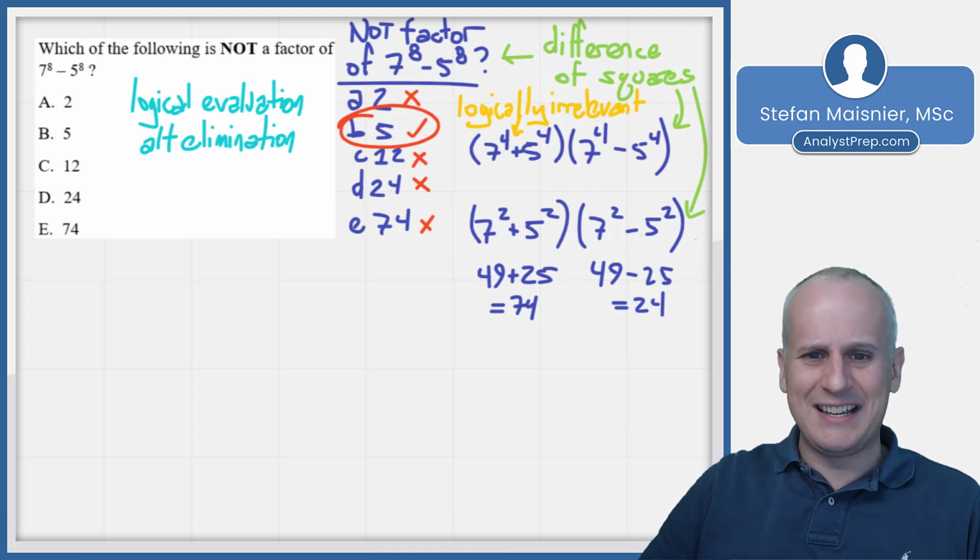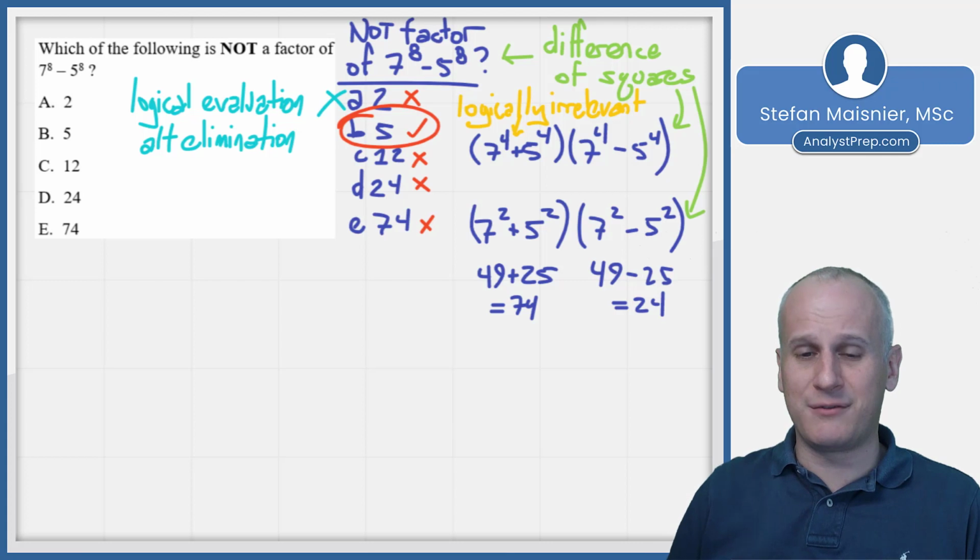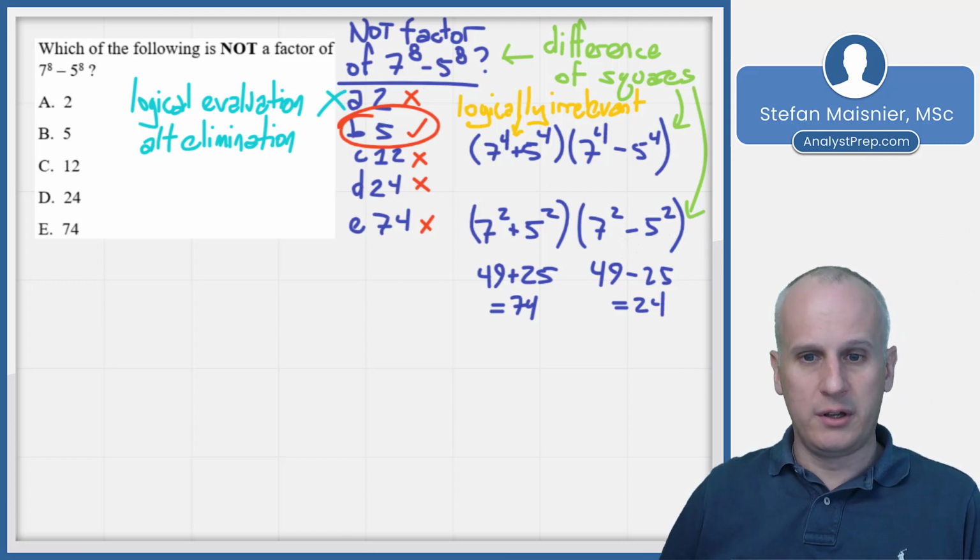So I can see A has to go away immediately, because if 2 is not a factor, then 12 is not going to be a factor, and 24 is not going to be a factor, and 74 is not going to be a factor. So I can't have it be 2 and 12 and 24 and 74 all simultaneously being not factors. So A goes away immediately.